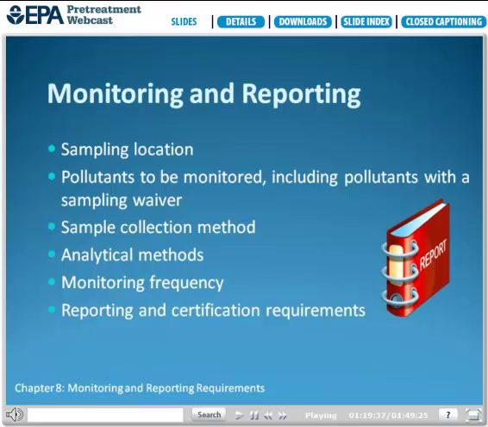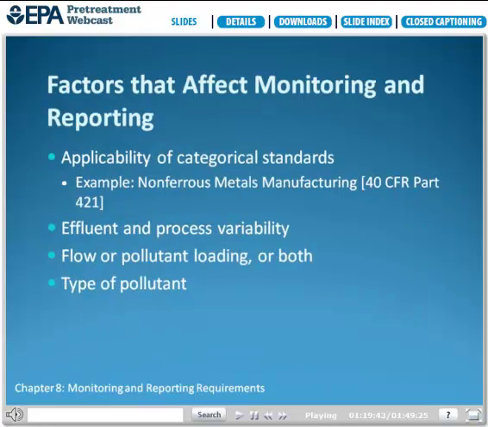There are many factors that affect the monitoring and reporting. The applicability of the categorical standards, the effluent and process variability, the flow or pollutant loading or both, and the type of pollutant. If you have nastier pollutants, you may want them monitored on a more frequent basis.